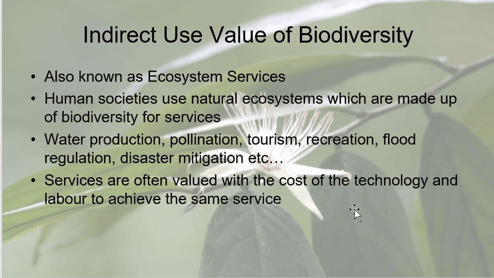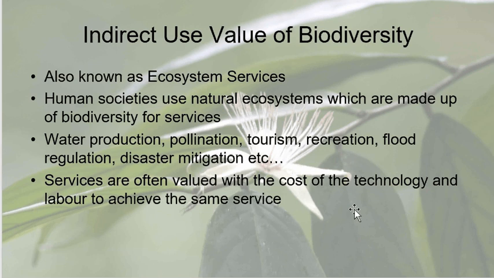I want to take a look now at indirect use of biodiversity. This is also known as ecosystem services, and I think I've outlined this already. Human societies use natural ecosystems which are made up of biodiversity for services.